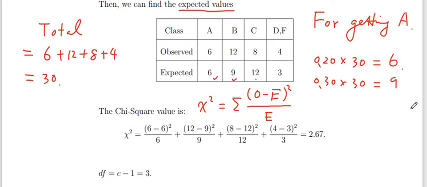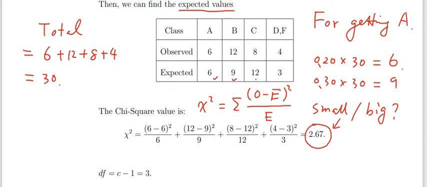Now this is the test statistic, and we want to determine whether this number is small or big. If this number is small, it means the observed value and expected value are quite the same, so we can say the data matches our assumption.